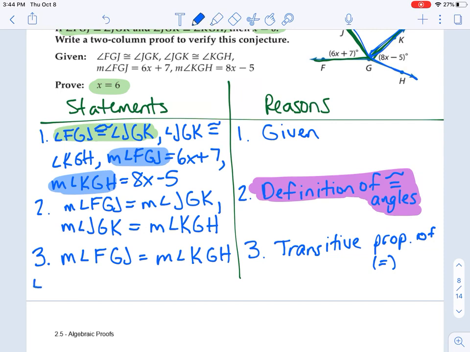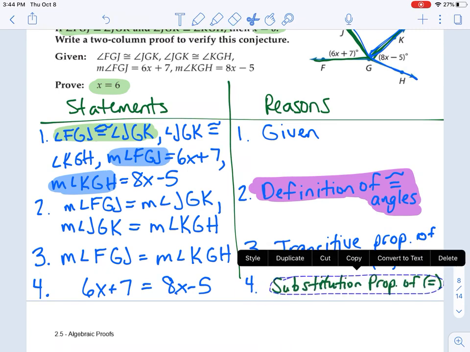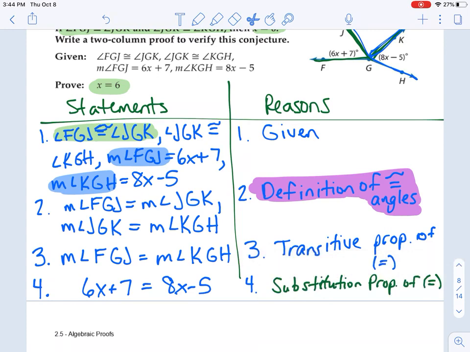So, by the substitution property, we can replace these guys with their expressions. True? So that is by our substitution property of equality.